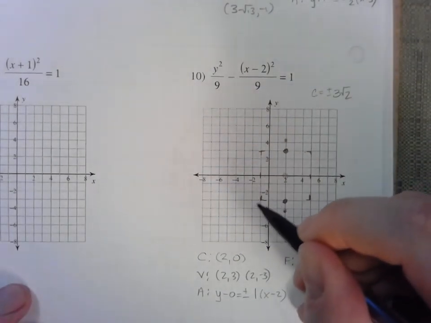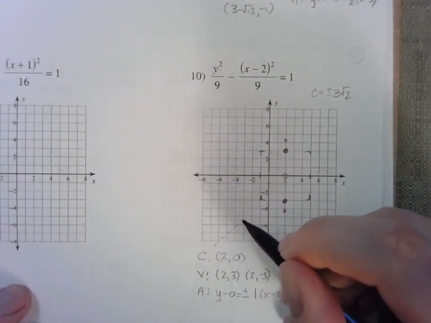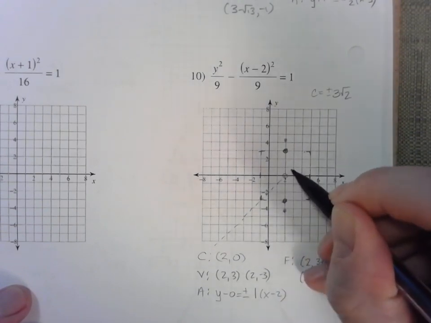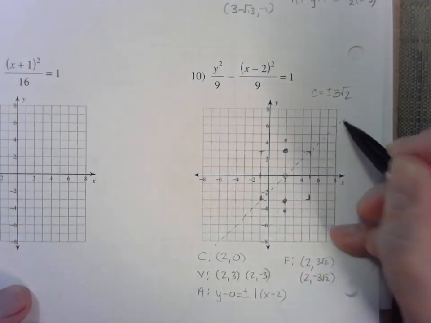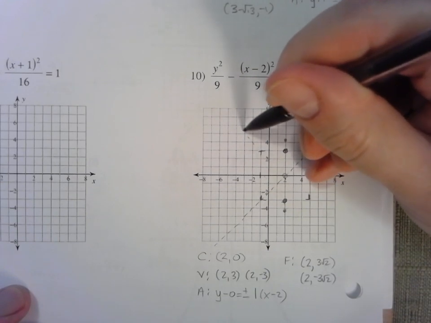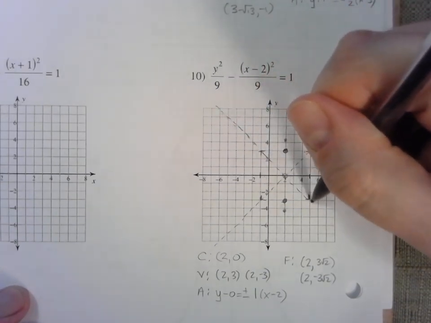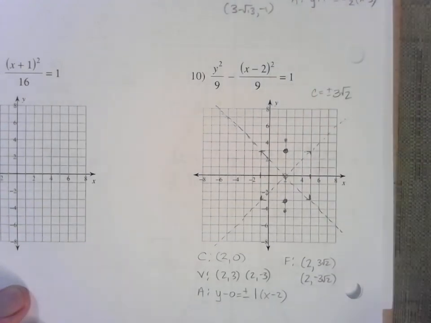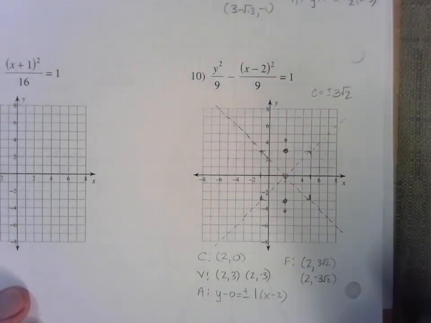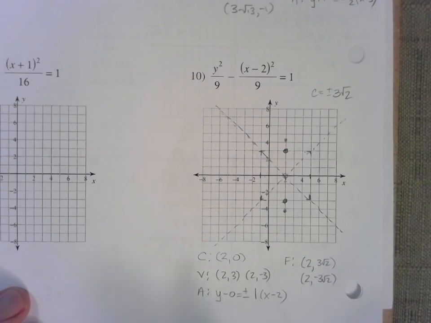Really nice when you think of a slope of 1. Just go up one box, right a box. We can go down a box and right a box. When we make our asymptotes, they would look like this, and these would be their equations.